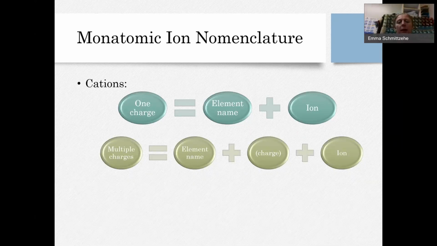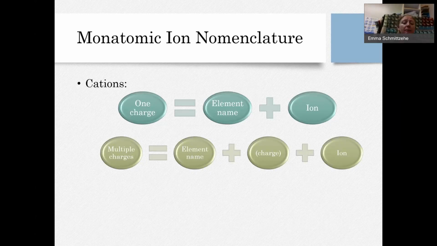You use the element name and you add the word ion. That's it. So for instance, sodium is willing to give up one electron, and that's it. And so when sodium forms an ion, it forms Na plus, and that's the ion it always forms. And so we just simply call that sodium ion.